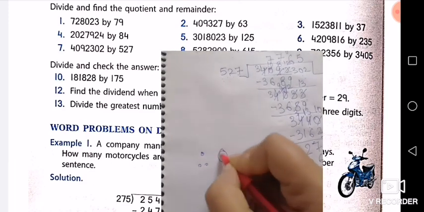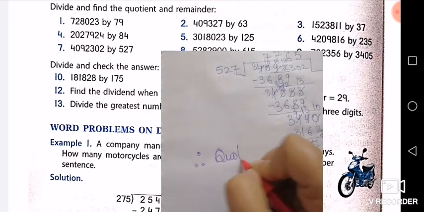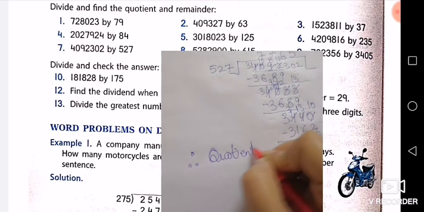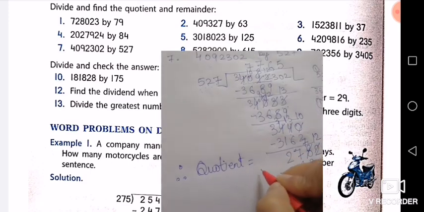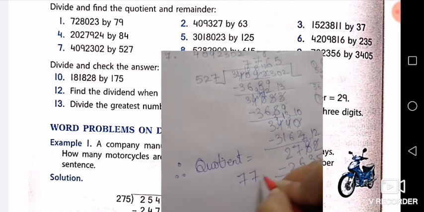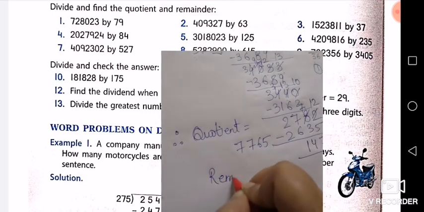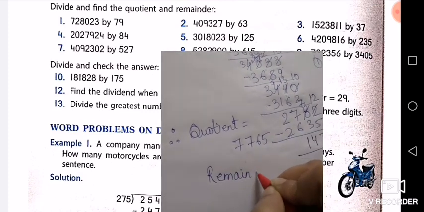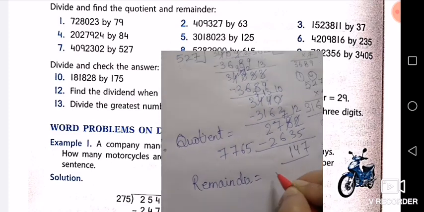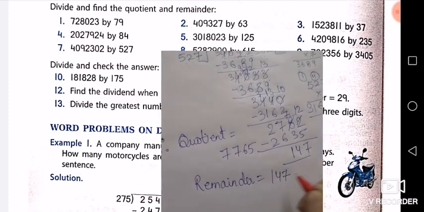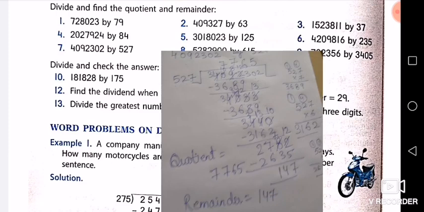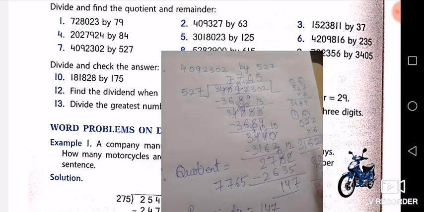Therefore, quotient is 7765, and what is the remainder here? Remainder is 147. Fine.